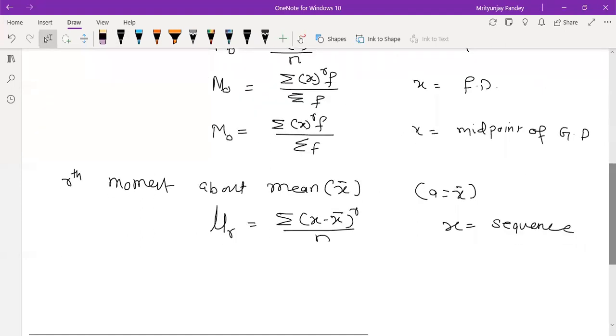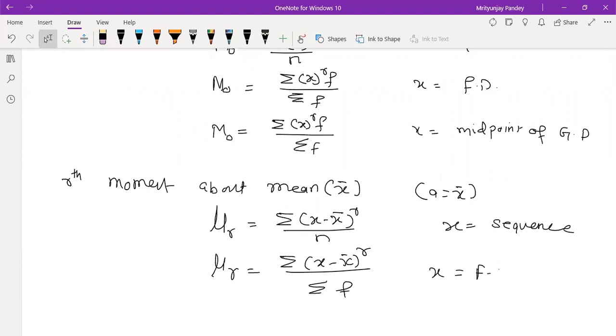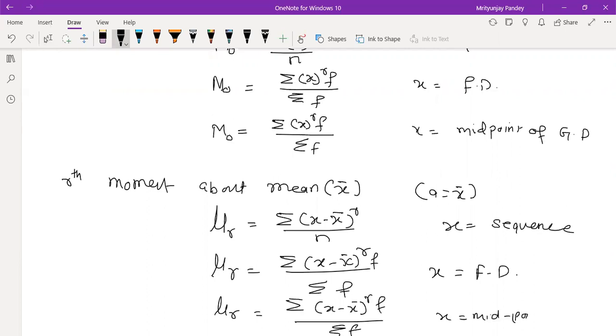Now next, mu r equal to summation of x minus x bar whole raised to r divided by summation of f. Here x is the frequency distribution data. And third one, summation of x minus x bar whole raised to r into f, here also f, divided by summation of f. Here x is midpoint of grouped data.